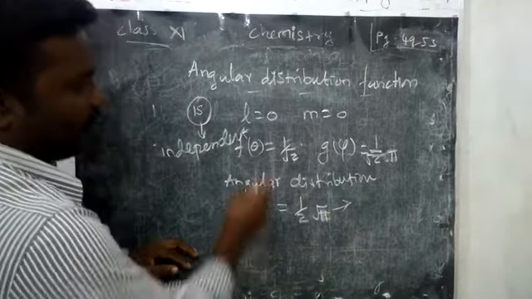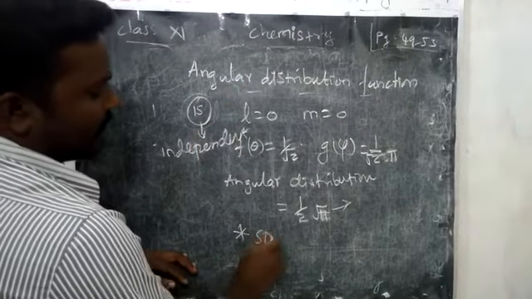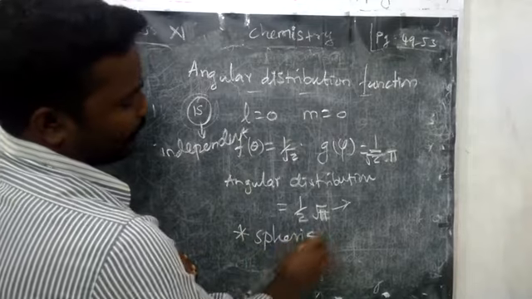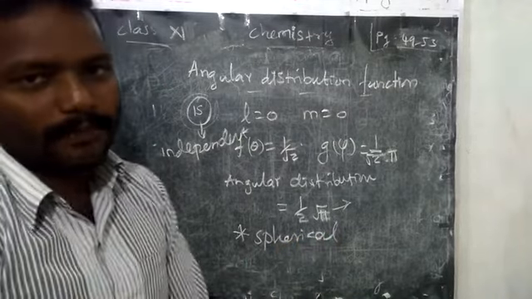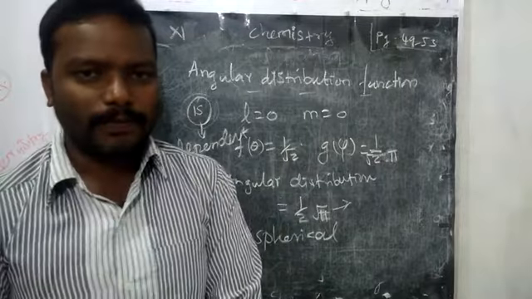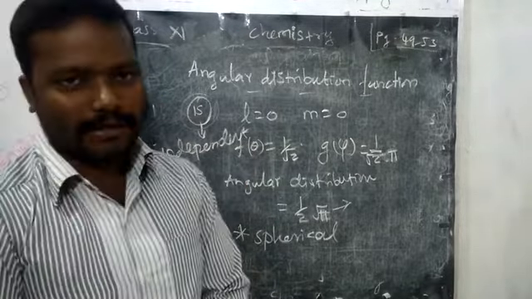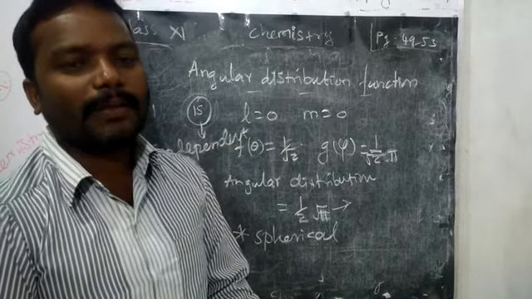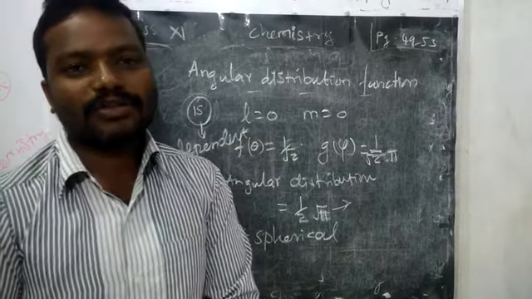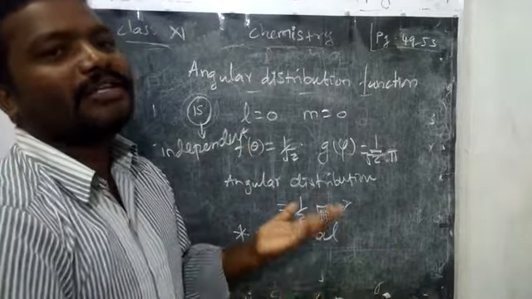From this data, what's the shape of the 1s orbital? That is nothing but spherical shape, because it is direction independent. So no direction means electrons are distributed in all directions.